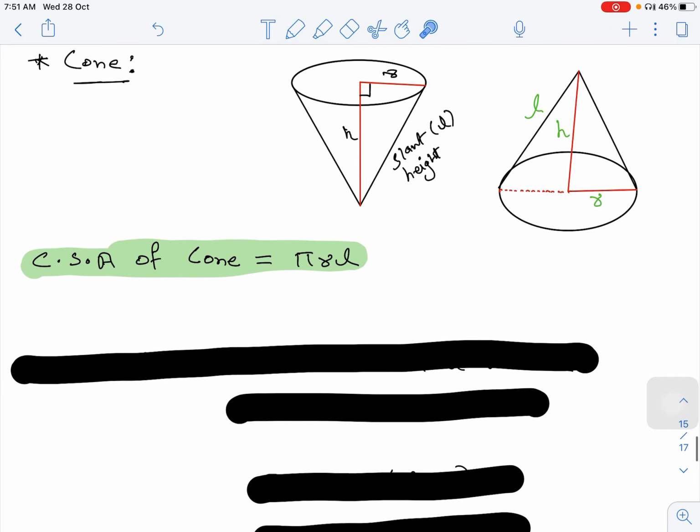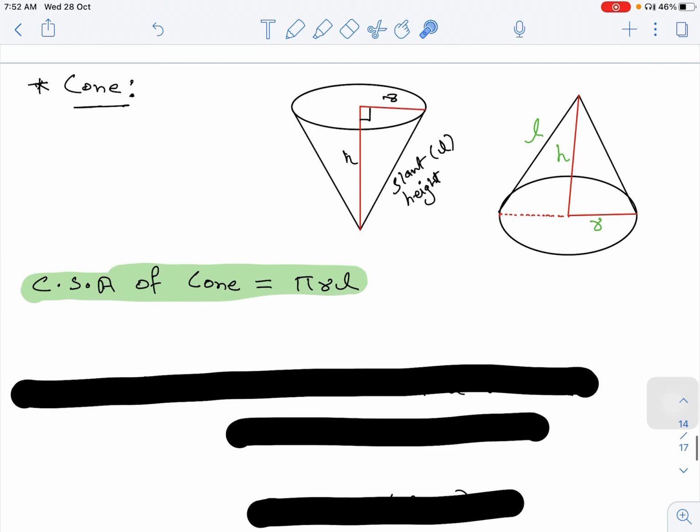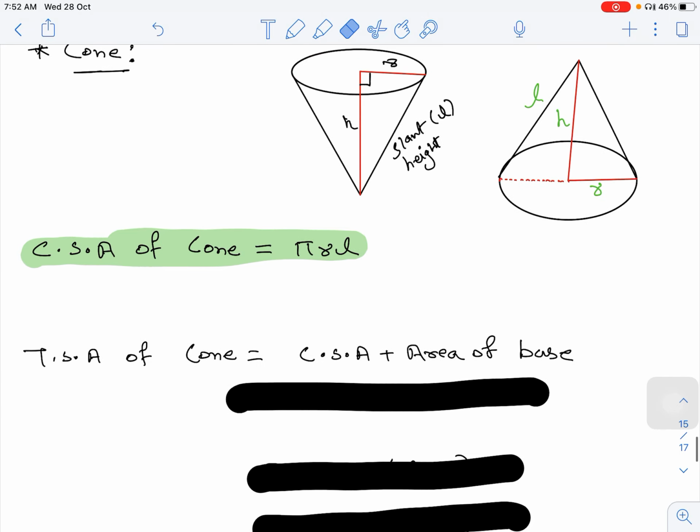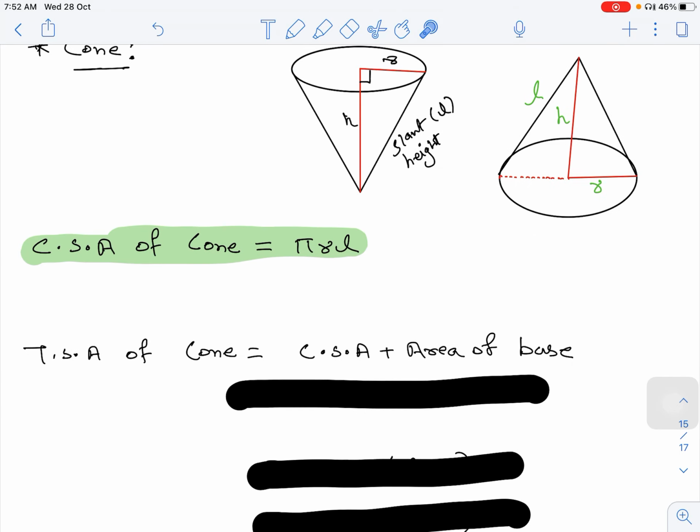Now let us see how to find the total surface area of a cone. In the total surface area, we consider two things, that is the CSA and the area of a circle. So the TSA of a cone consists of the CSA and the area of the base, or we can say the area of a circle.